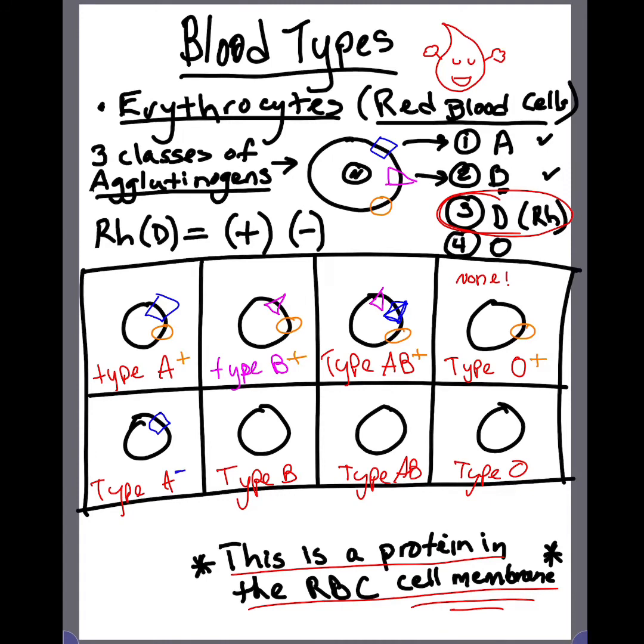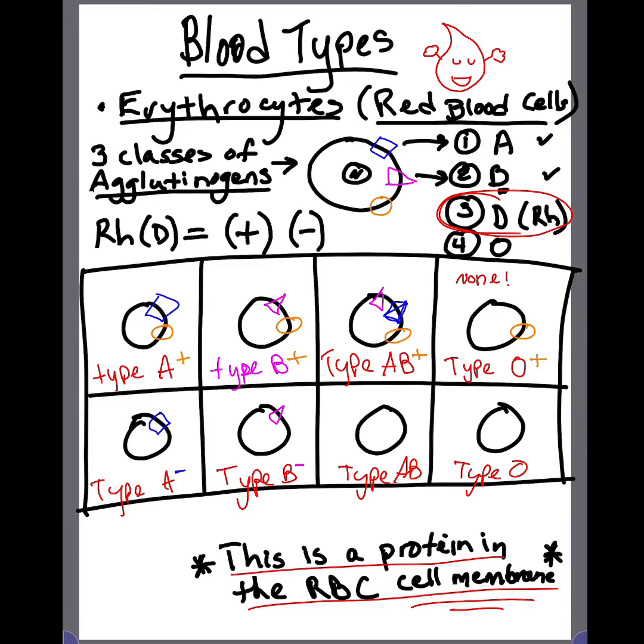So they end up being type A negative. Now, in order for a patient to be type B negative, it means that they only have these B agglutinogen, but no D agglutinogen or RH factor. So they end up being type B negative.